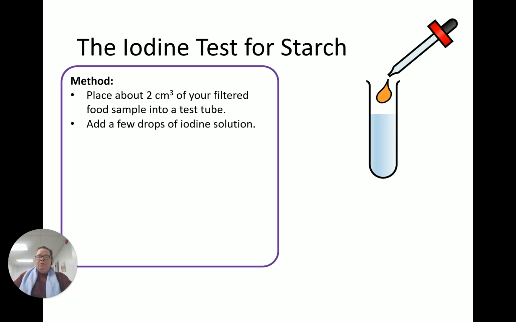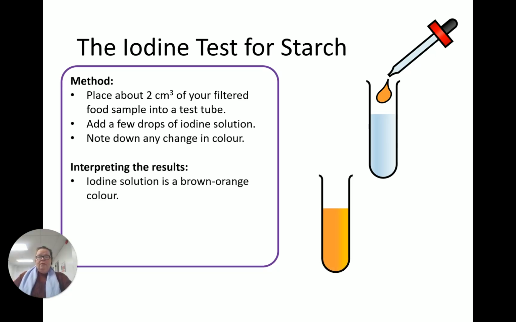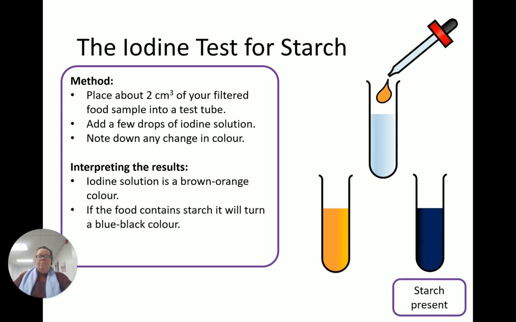Going to add a couple of drops of iodine solution. Now you can see from the picture there that iodine is actually an orangey colour. So when it goes in, if there's starch, it's going to change colour, we hope. So it's normally browny orange, but if it contains starch, it will be a blue-black.